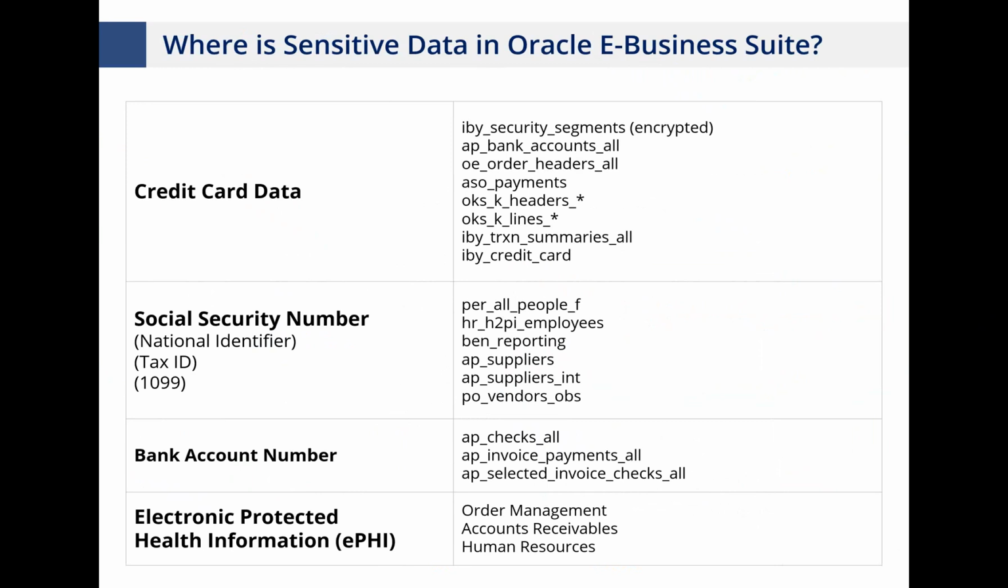For Social Security number, again within Oracle E-Business Suite, Social Security number is not called Social Security number. It's actually called National Identifier. So for employees, it's in the National Identifier column. We've seen cases where the auditors came in, or someone from IT security looked at this and said, okay, let's look for Social Security numbers.